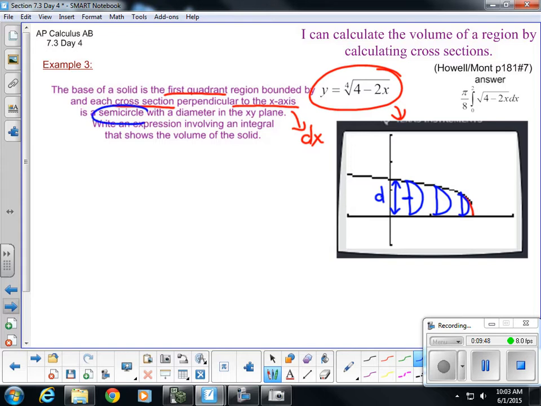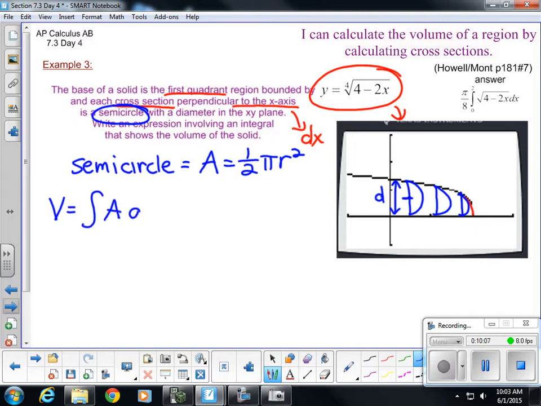So keep in mind that this distance up to the equation or the curve is actually the diameter, not the radius. Now, we're doing semicircles. A semicircle equation for area is 1/2 pi r squared. You're going to have to know all your little area formulas. So volume equals the integral of the area. This one is with respect to x.